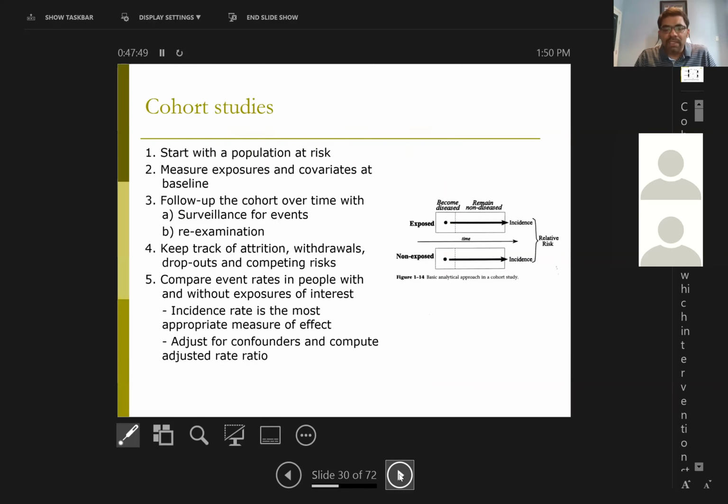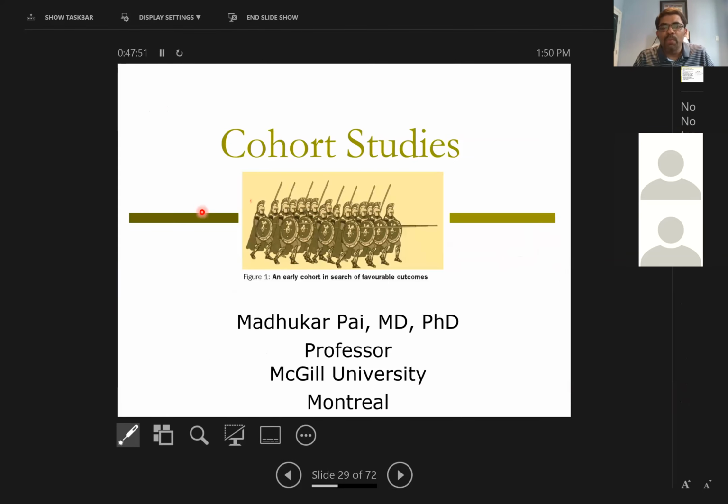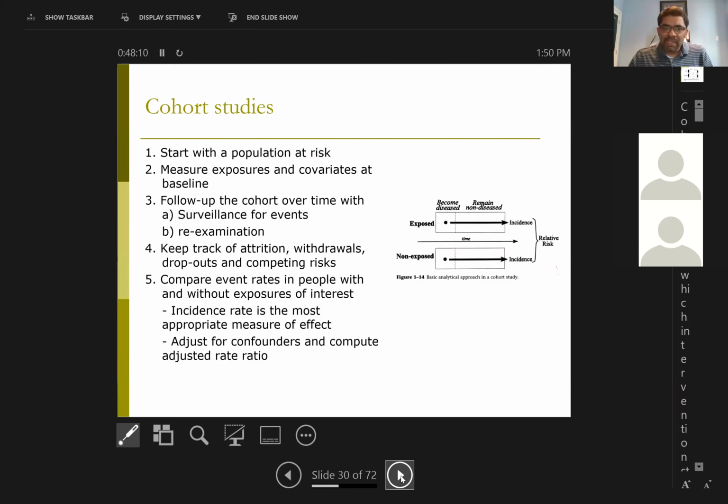So what's a cohort study? In the Roman legion army, a cohort was a bunch of soldiers who were pushed into the battle. They had cohorts, they had legions, they had all these army classifications. So cohort comes from Roman army terminology. We start with a population that's at risk.